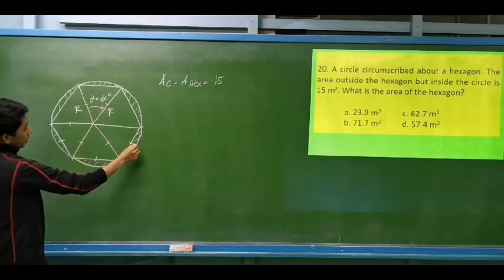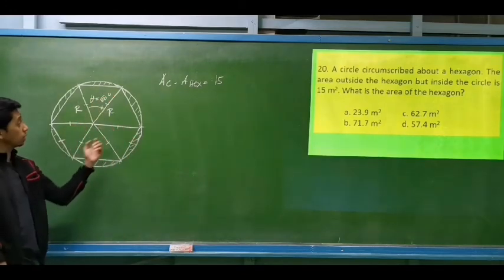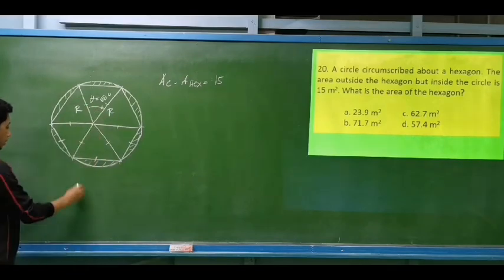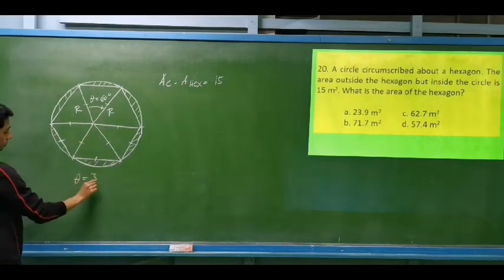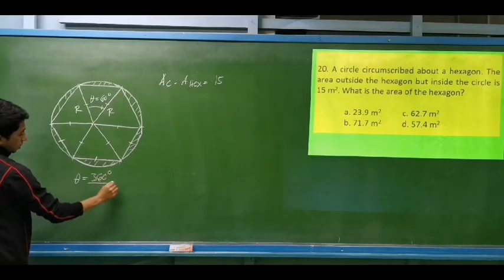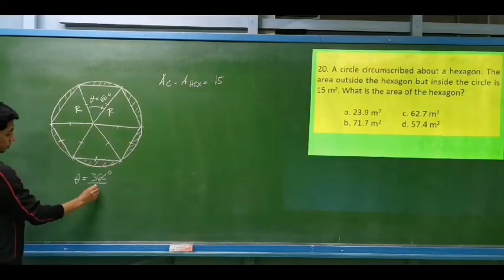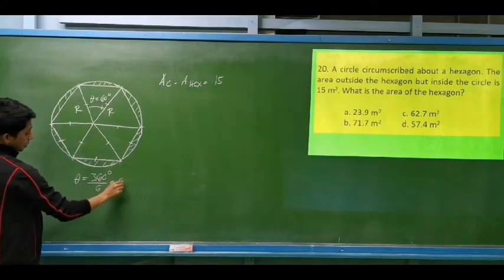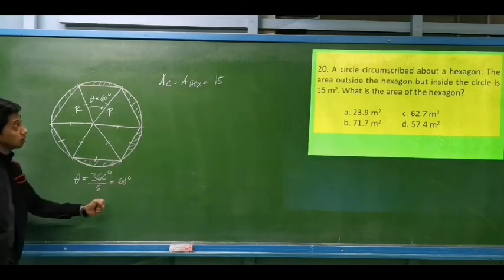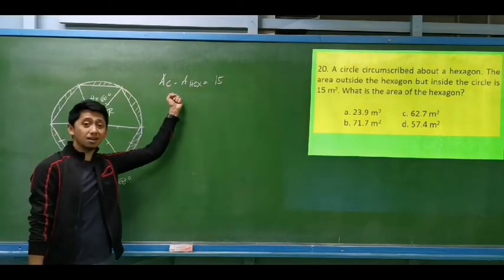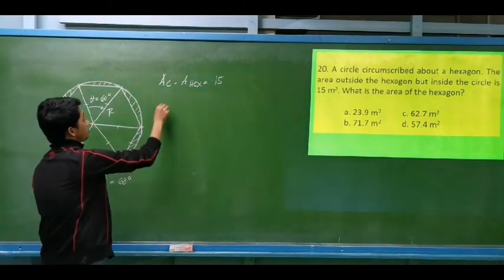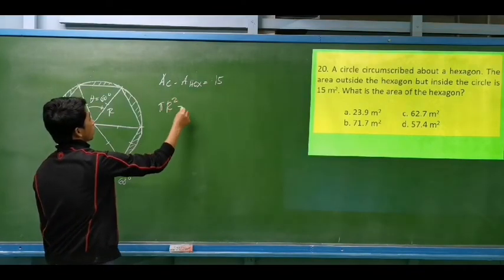Magkakaroon tayo ng anim na equilateral triangle. Di ba, makukuha yan kapag 360 degrees divided by the number of sides na 6, ang lalabas is 60 degrees. Paano kumuha ng area ng circle? That is pi times the radius squared.